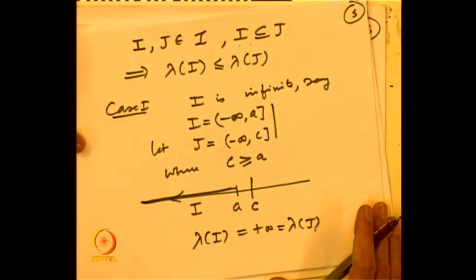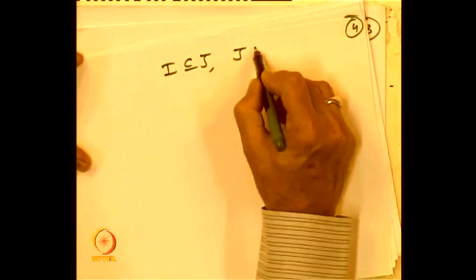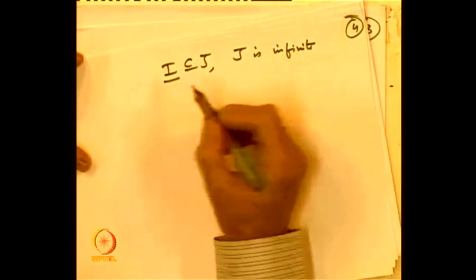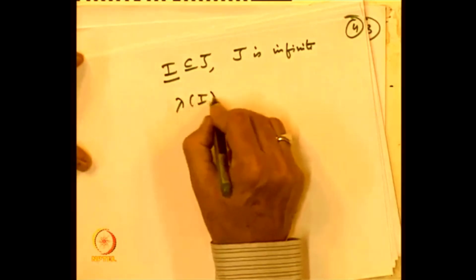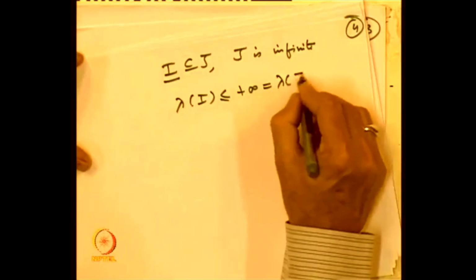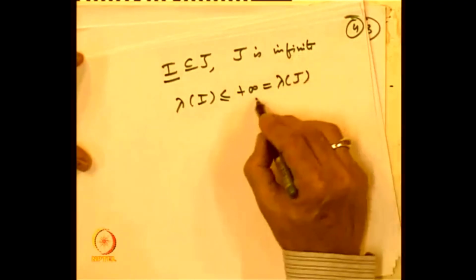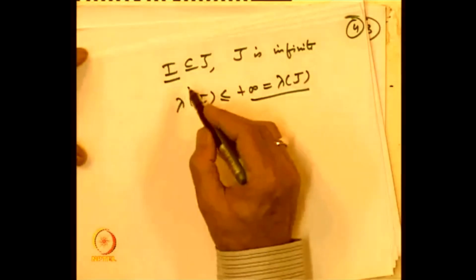Let us look at the next case. I is a subset of J, and J is infinite. Whether I is infinite or not doesn't matter, because the length of I is always less than or equal to plus infinity, which is equal to the length of J. J being infinite, its length is always going to be plus infinity. So this is obvious in this case.